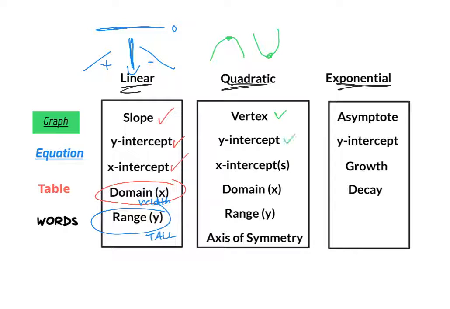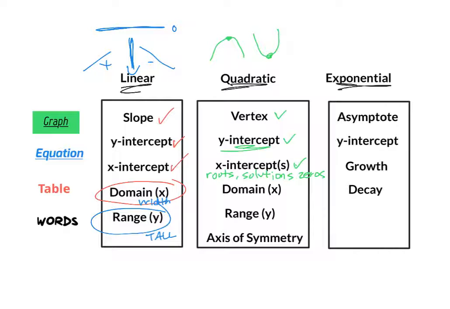You got your y-intercept, which once again is where it crosses the y-axis, also known as the starting point or whatever in a word problem. And then your x-intercept, those are your roots, also called solutions. They just make up different names for all the same thing. Solutions, also x-intercepts, root solutions, and zeros.